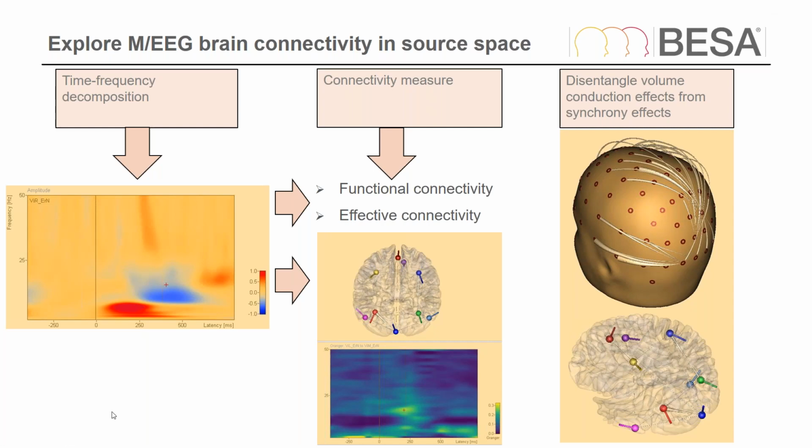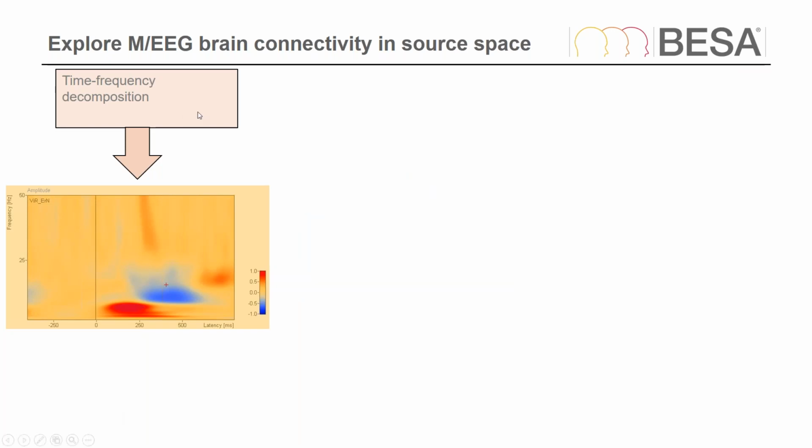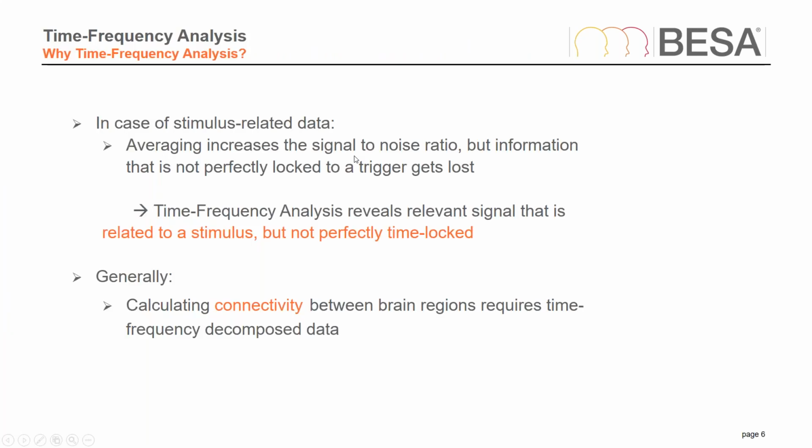So let me have a look at, first of all, the first ingredient, the time frequency decomposition. Why do we even bother with time frequency decomposition? In case of stimulus-related data, averaging increases the signal-to-noise ratio, but information that is not perfectly locked to a stimulus or to a trigger gets lost.